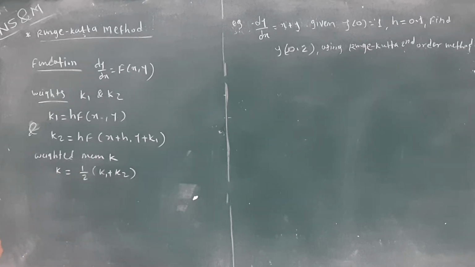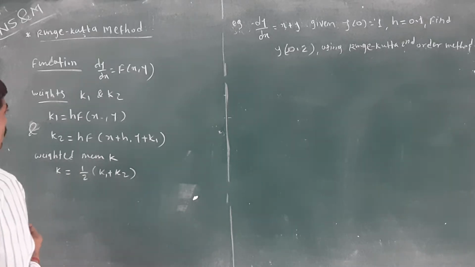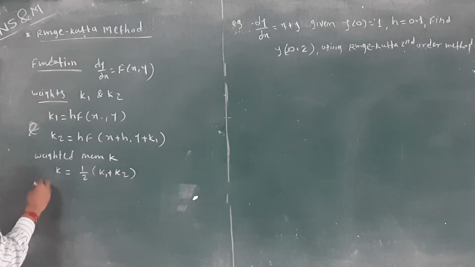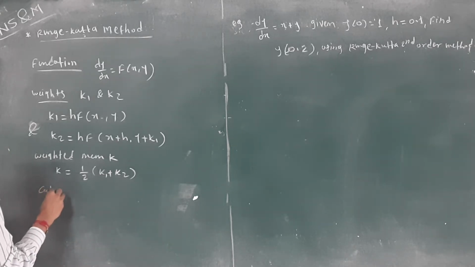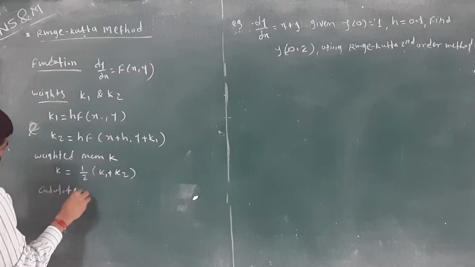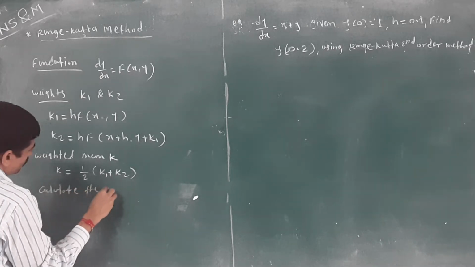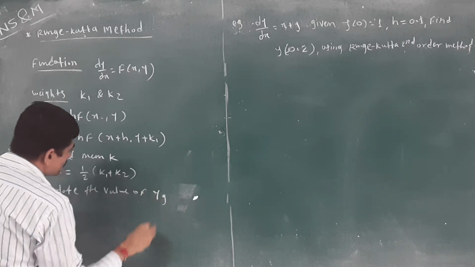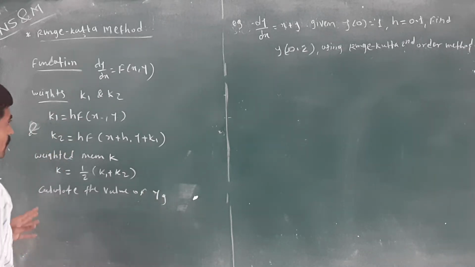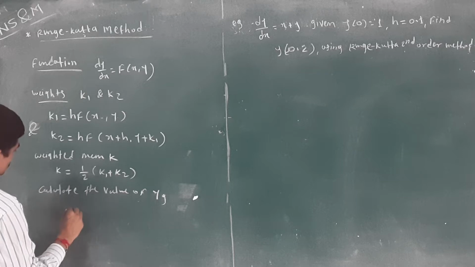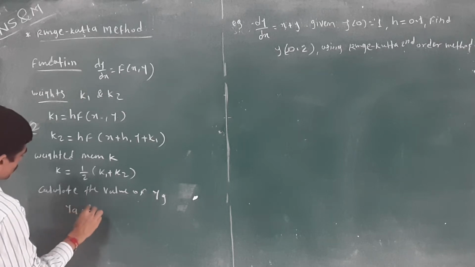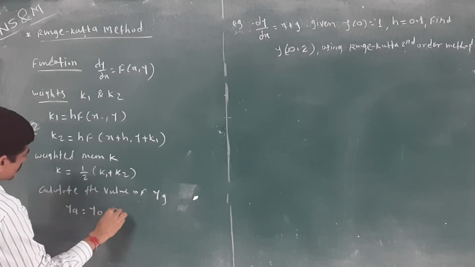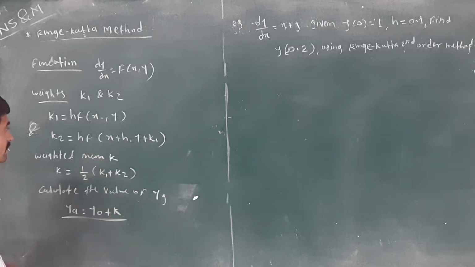Once you have calculated that, then you have to calculate the value of y1. How to calculate the value of y1 for the given x1? y1 is equal to y0 plus k. This is our answer.